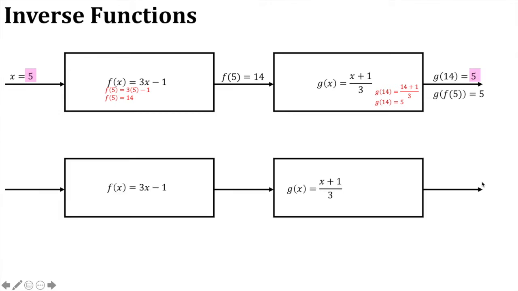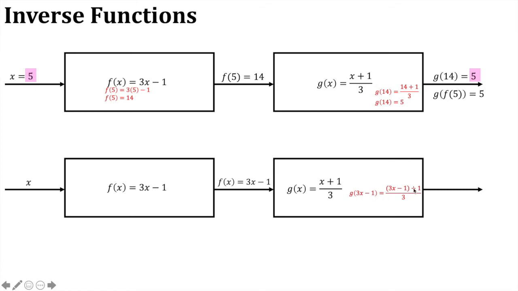Let's look at this more generally. So say my input was just x. I know if I put x into f of x, I'm going to still have 3x minus 1. And now my input to g is 3x minus 1. So g of 3x minus 1, remember everywhere in g where there's an x, I'm replacing that with 3x minus 1.